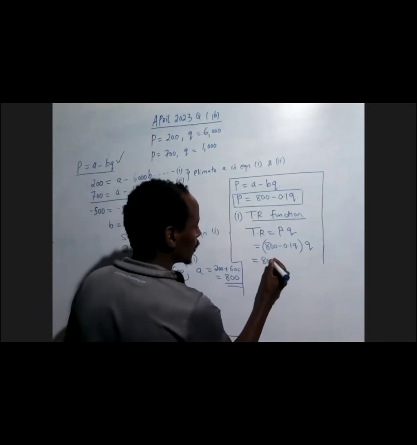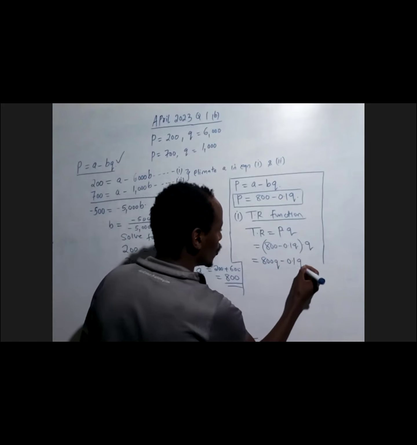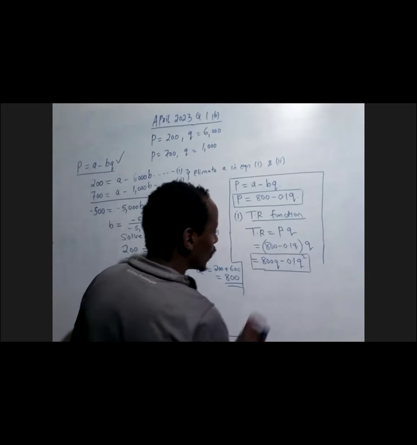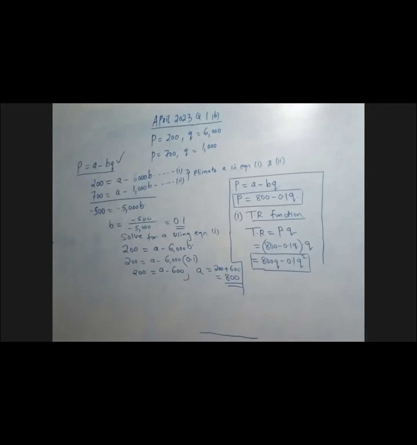It will be 800Q minus 0.1Q squared. So this becomes the revenue function. That is part A. So for those who are maybe not writing, screenshot before we do part B.